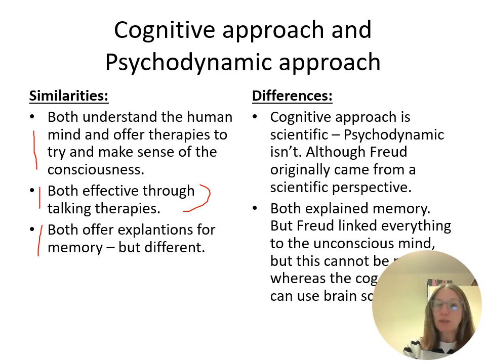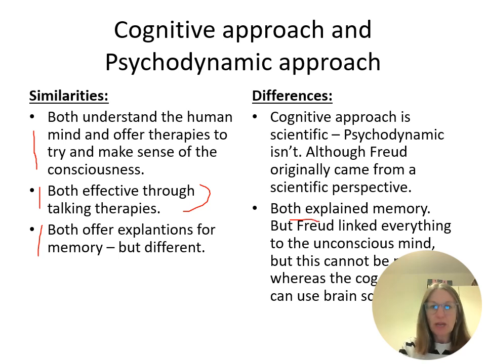So although Freud originally came from a scientific perspective, every point here is showing my knowledge. It's not great. I've not linked to any research here, but it's showing my knowledge of these approaches. Okay, so they all would get me marks. They both explain memory, but Freud linked everything to the unconscious mind, and this cannot be observed, whereas the cognitive approach uses brain scans. So again, you've got a similarity.